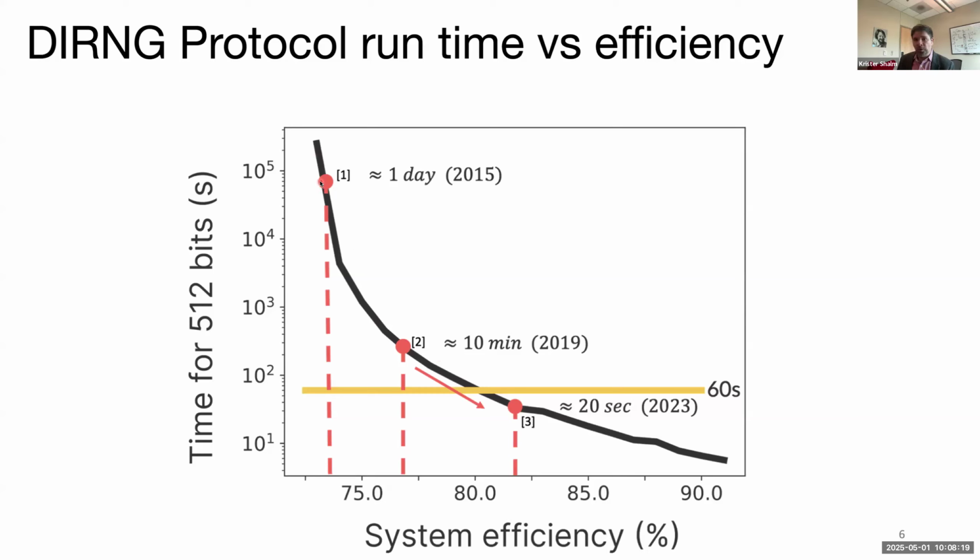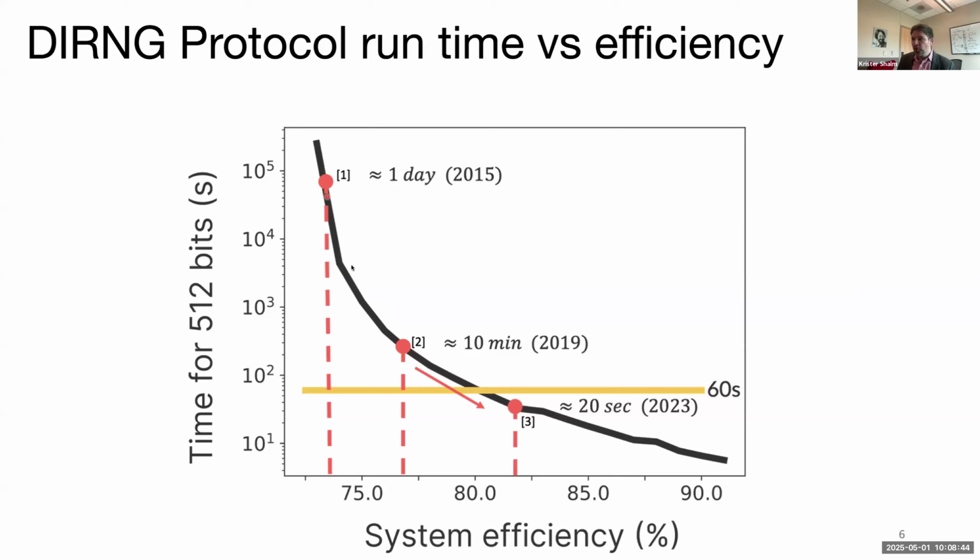And so if you look here, when we first did our experiments in 2015 with the initial Bell test, at about 74.5% efficiency, it would take about a day of running this experiment to collect enough statistics and data to actually perform this device-independent protocol to the level we want.